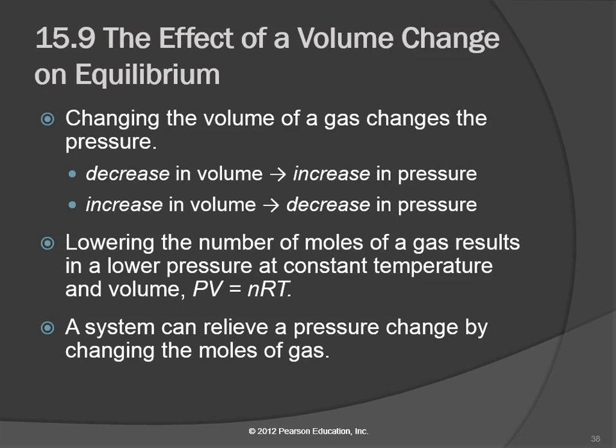What does that do to the pressure? It decreases it, right? And if you increase the number of moles of gas, what does that do to the pressure with volume and temperature the same? It increases it, okay? So in a system involving a gas, when you change the volume, it affects the pressure. The pressure change can be compensated for by changing the number of moles of gas.